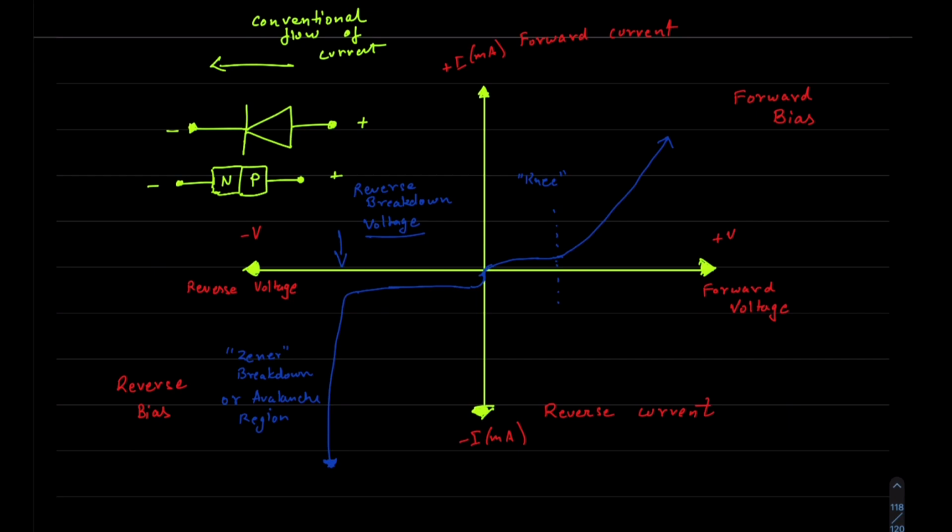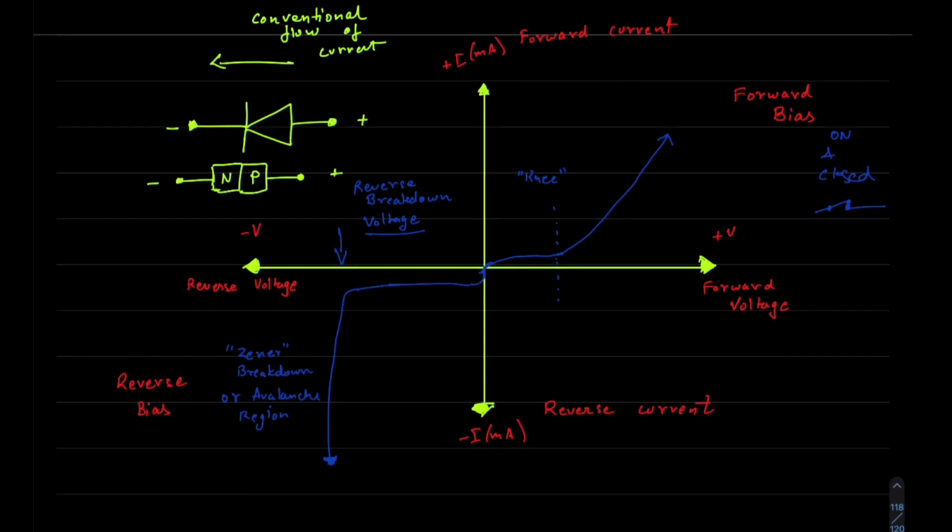And in the reverse bias, the diode behaves like an open switch. Remember the difference between on and closed: closed is when our switch is in the closed position, which is on.